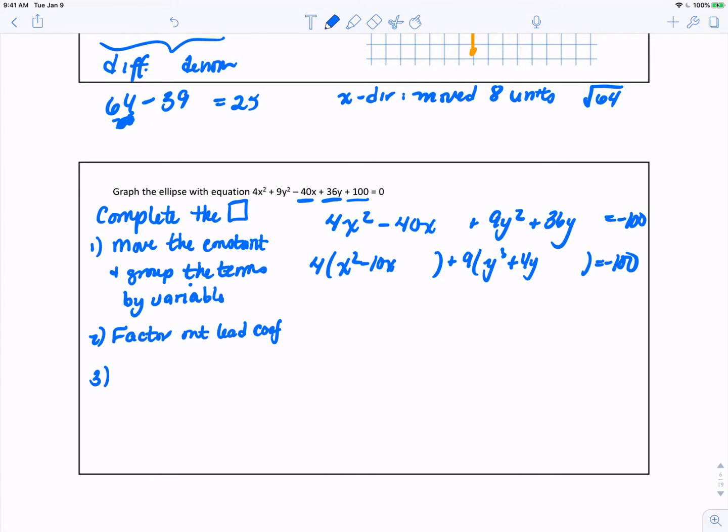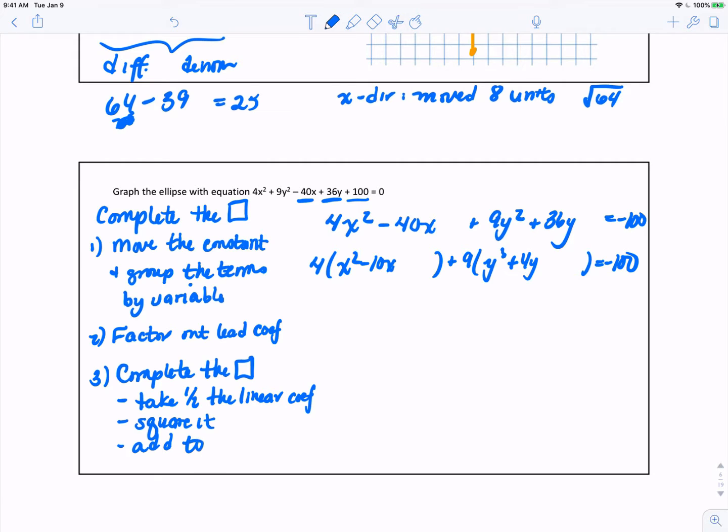And now we're going to complete the square. So to complete the square, you do a series of steps. You take half the linear coefficient, you square it, and you add to both sides.